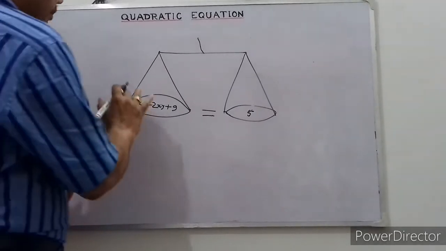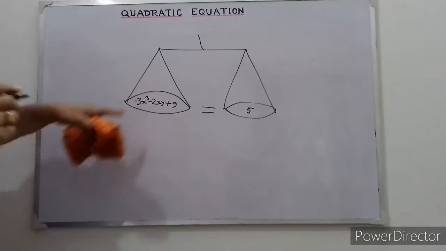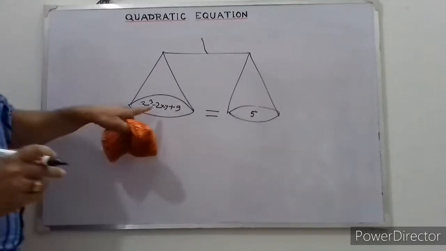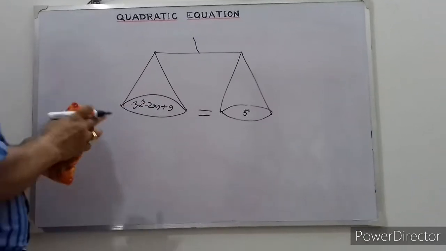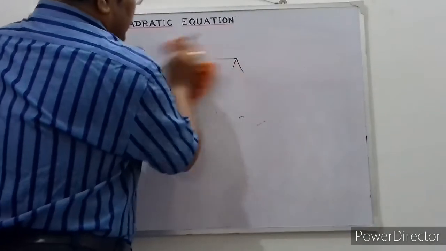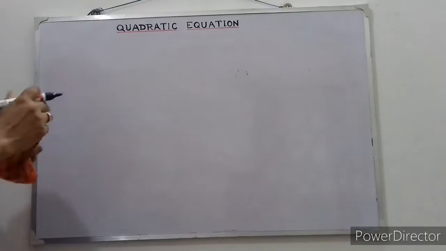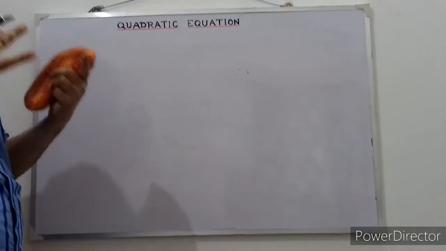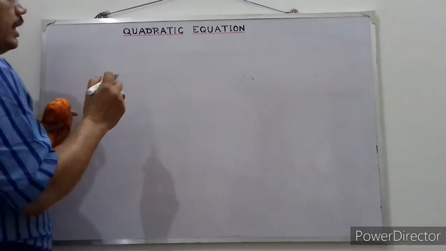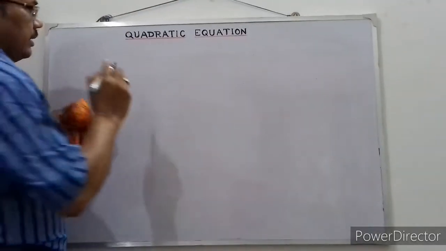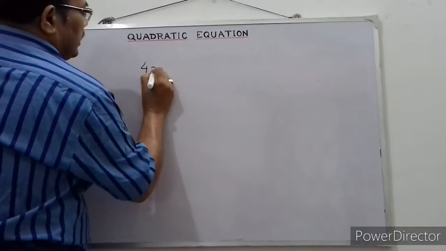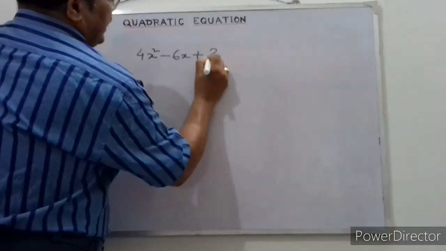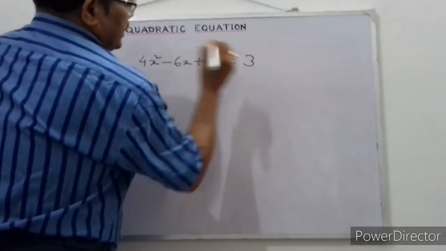But what is the maximum power of the equation? The maximum power in this equation is 3. So this is the third degree polynomial. If in any equation the maximum power of the algebraic expression is 2, then that is called quadratic equation. 4x square minus 6x plus 8 equals suppose 3.